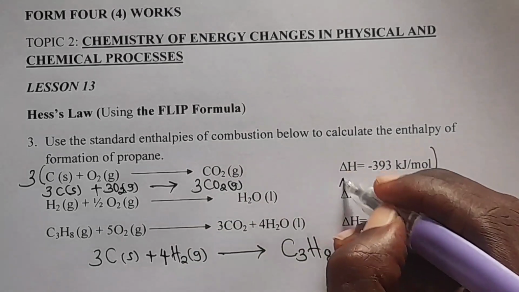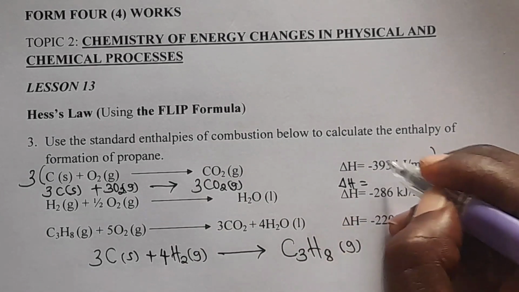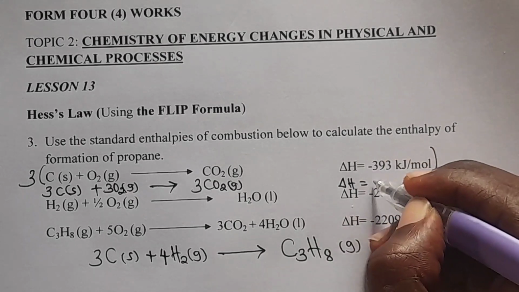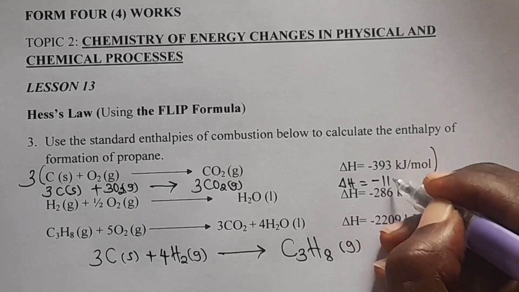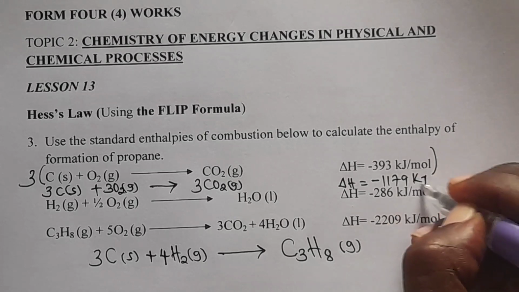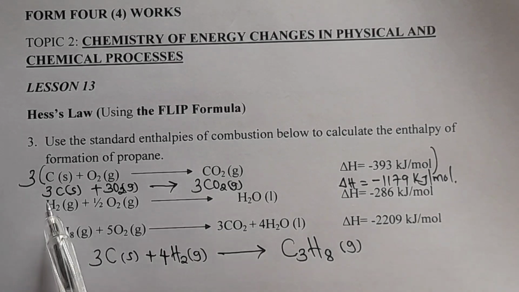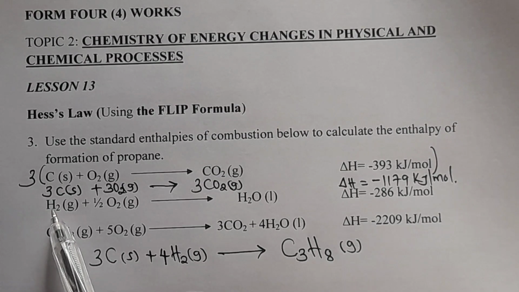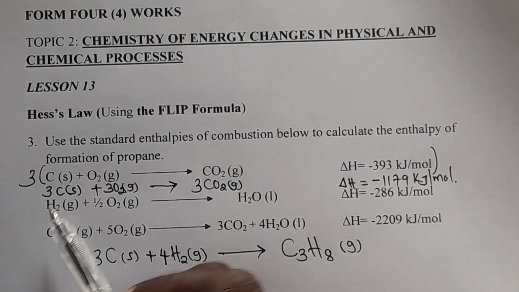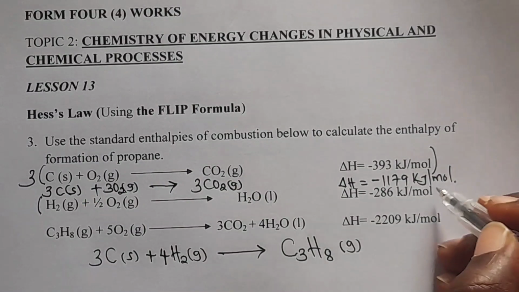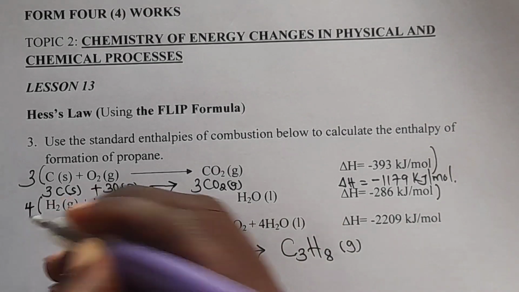Then if we take the enthalpy change itself and multiply by 3, we get negative 1179 kilojoules per mole. Next, on the demand question, we have 4 moles of hydrogen gas. And the thermochemical equation given for the combustion of hydrogen has only 1 mole. So we take the whole equation and multiply by 4.